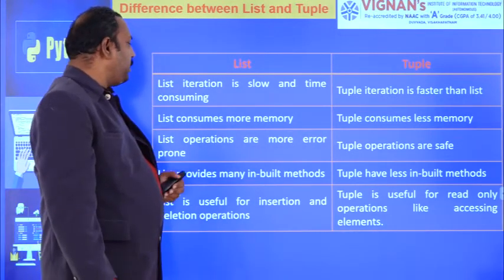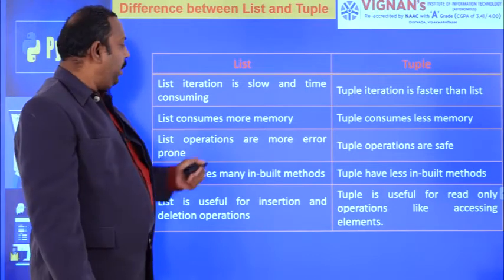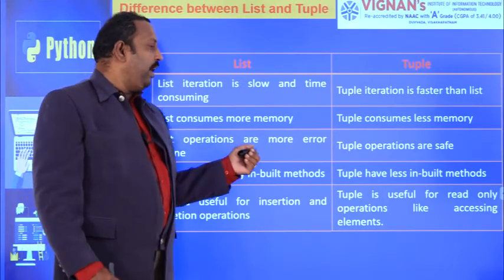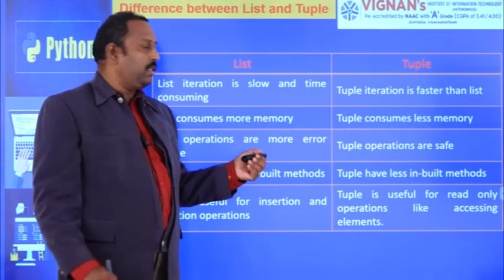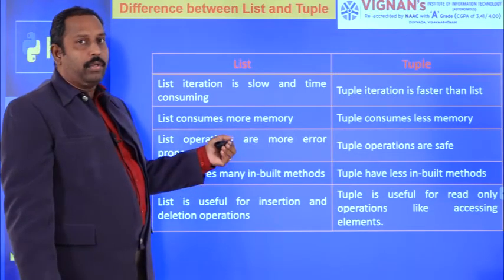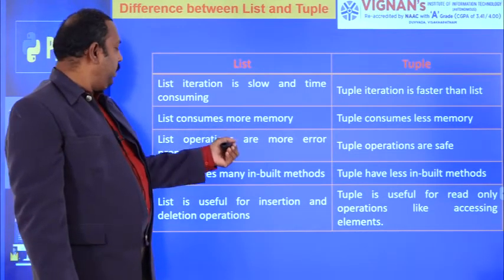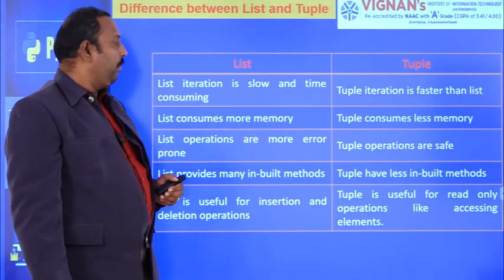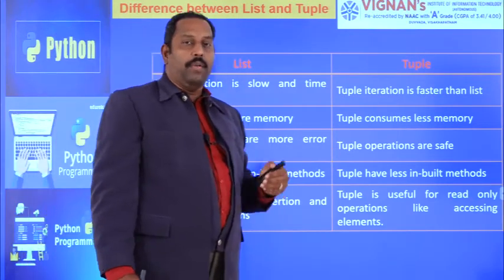And list operations are more error prone, because every time we can modify, insert, and delete, which may cause errors. Whereas tuple operations are always safe.